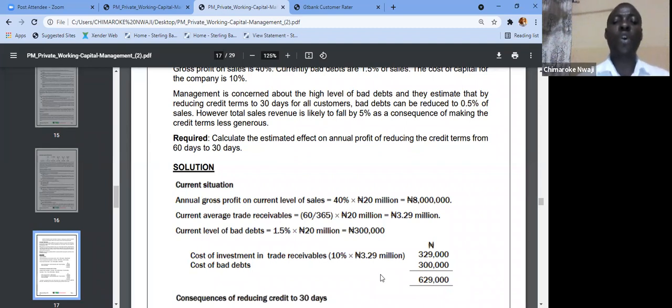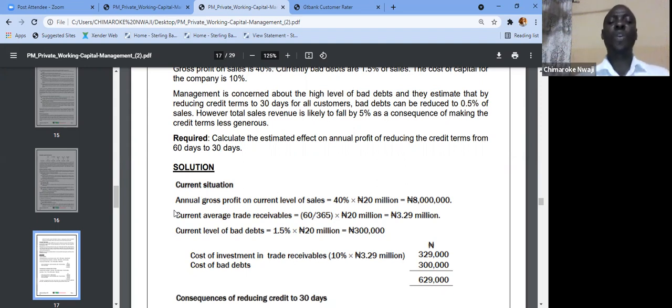Okay, what is the cost of investment in trade receivables? What is the cost of investing in receivables? We said the cost of capital is 10%, 10% of 3.29 million of your current debtors gives you 329,000. That's the cost of incurring that debt.